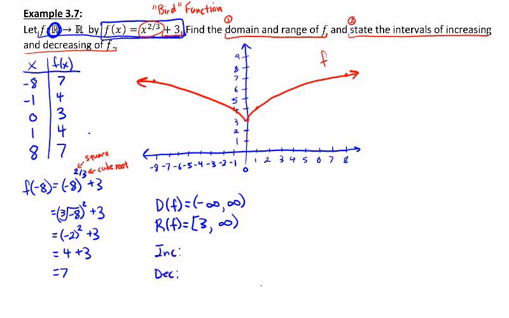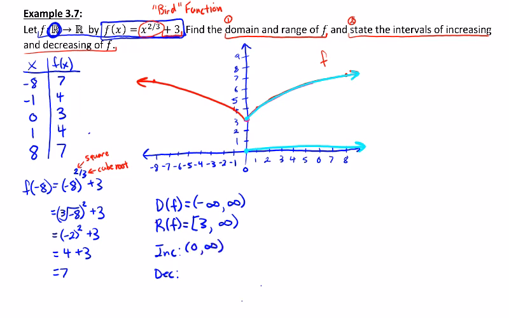And now we're going to go on to increasing, decreasing. We have an increasing interval, which is taking place starting at 0,3, and it's increasing over here to the right. Let's do this color here. Increasing from here to here, so that would translate down to 0, and then everything to the right of 0. So I can write increasing from 0 to infinity.